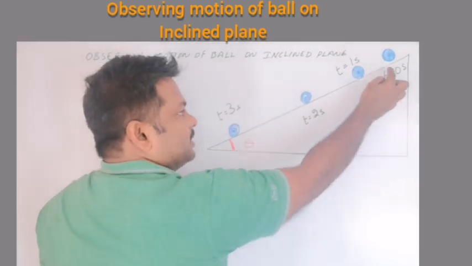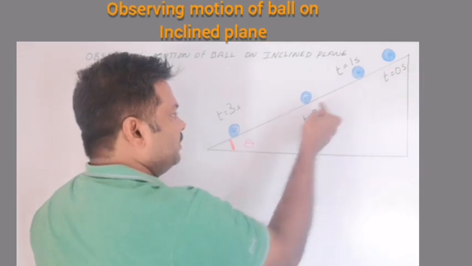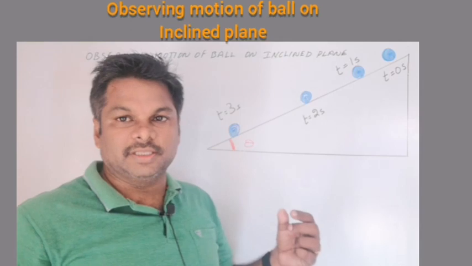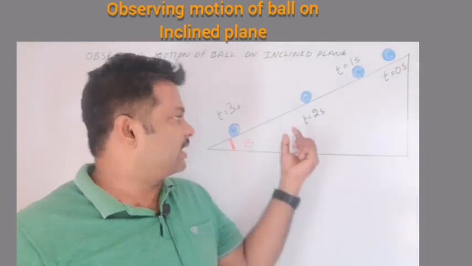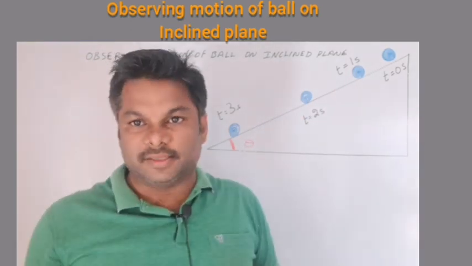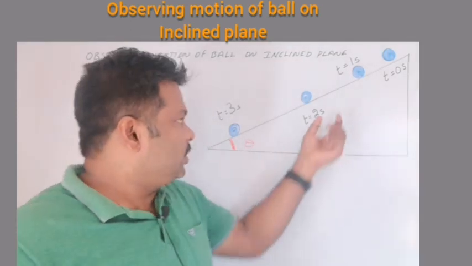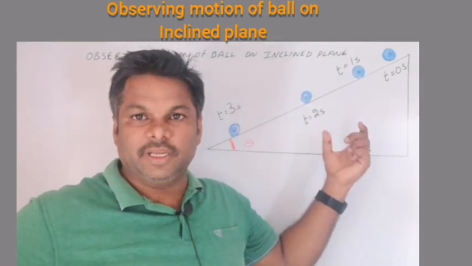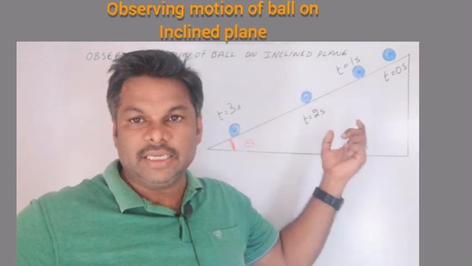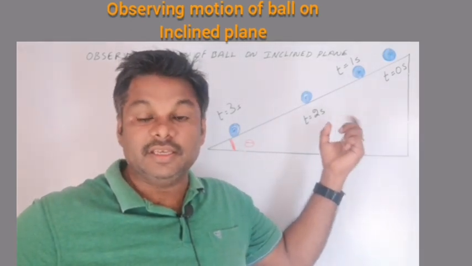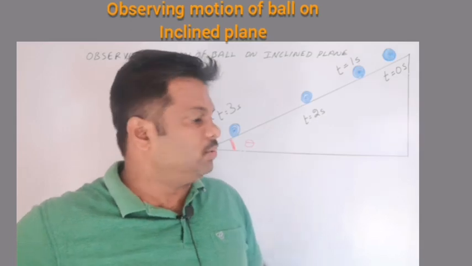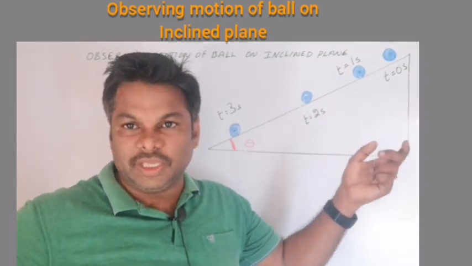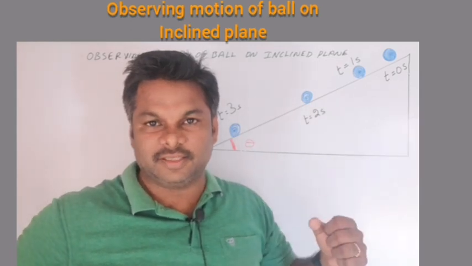The time interval here is 1 second, here 1 second, here 1 second. But here the gap between two positions is very large compared with the previous case. So you can say this body covers unequal distances in equal intervals of time. So the motion of the body is non-uniform motion.